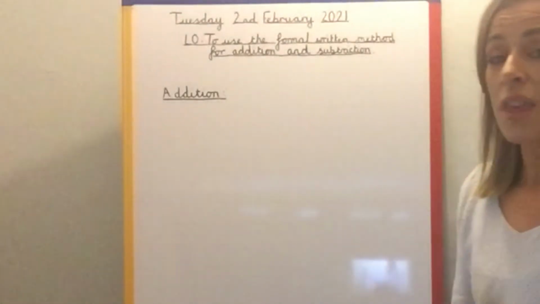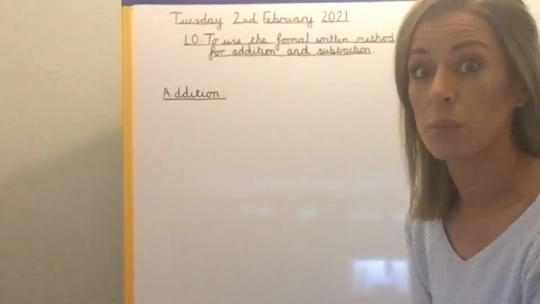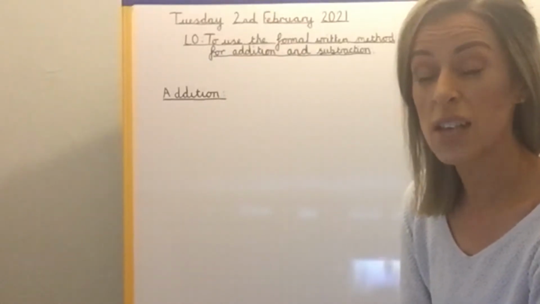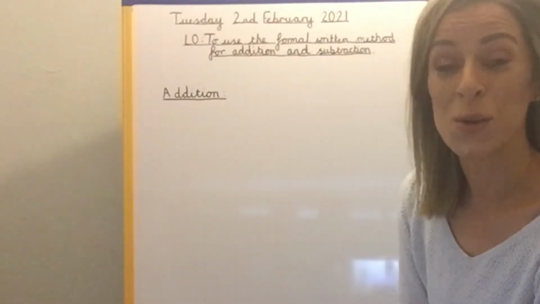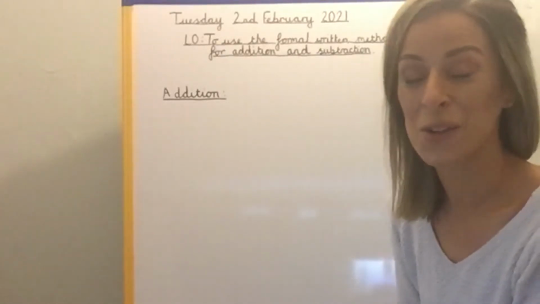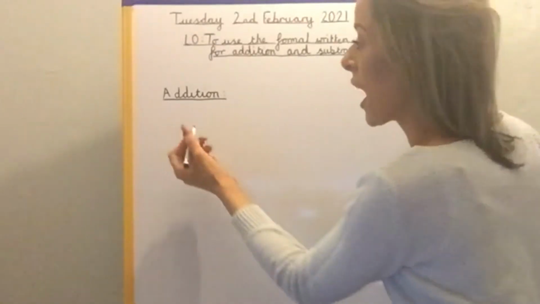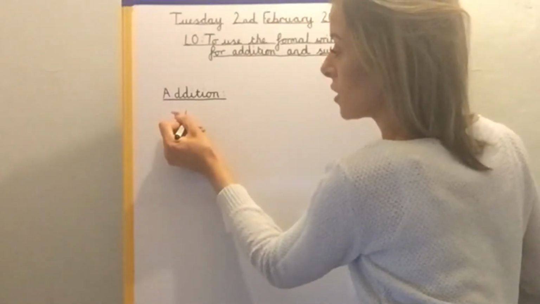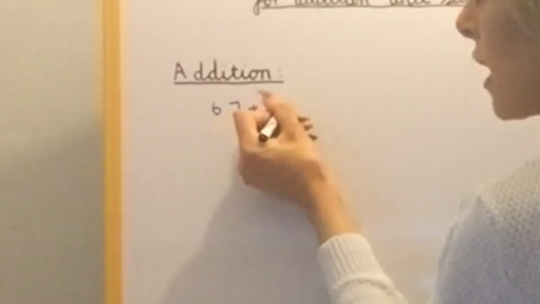Okay, the first thing you need to make sure you do is get your columns lined up. So all your tens are going to be in the tens column, and all your units or ones are going to be in the ones column. So I'm going to write out the question 67 add 23.